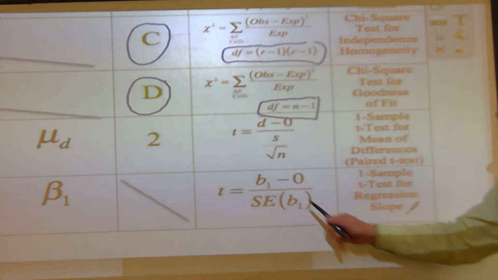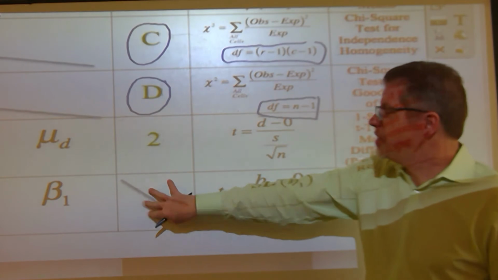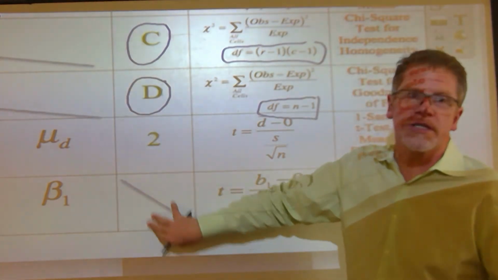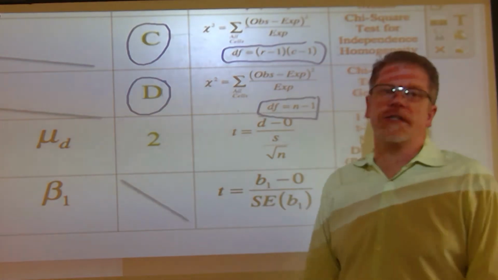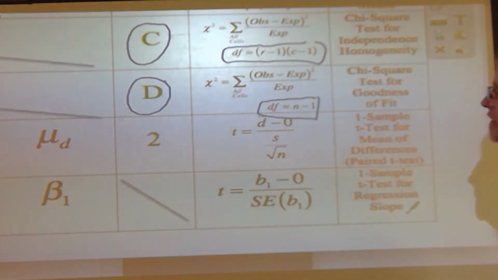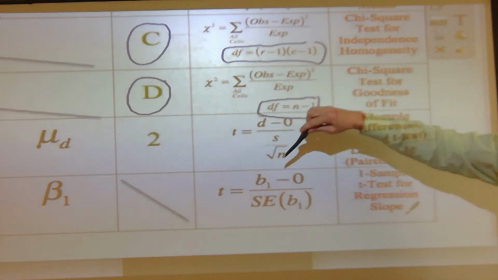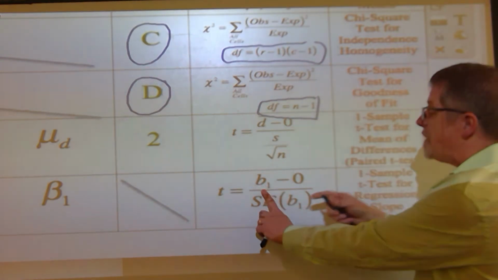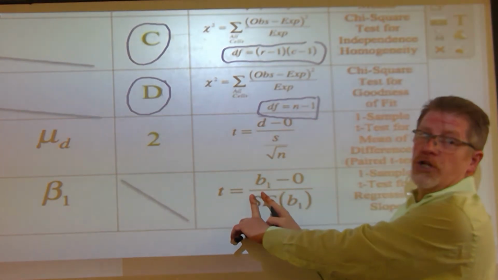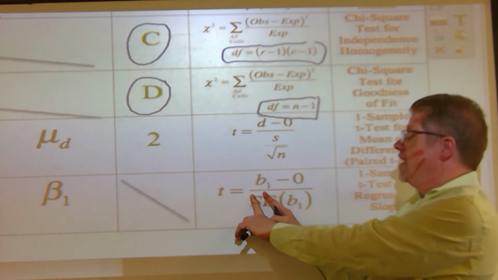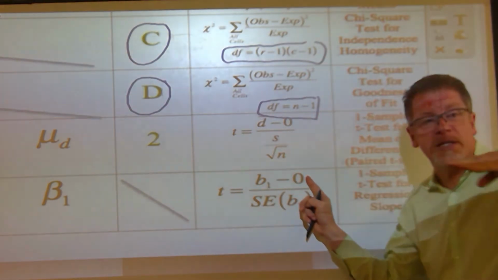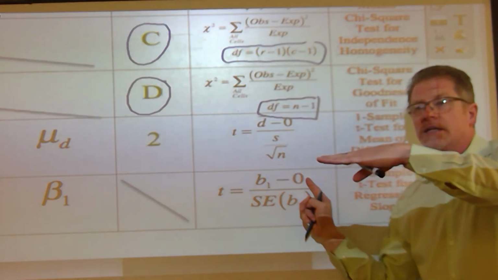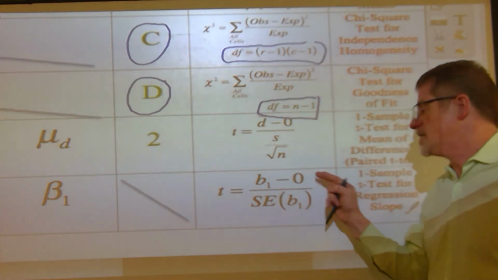But mathematically, oh, by the way, there's no way to do it on the calculator. So we're just going to give you the p-values. We aren't going to make you calculate them because there's no way to calculate it on the calculator. But the formulas, we will give you b1, which is the sample slope of the scatter plot, minus, notice we're assuming the slope of the scatter plot's line of best fit is 0.